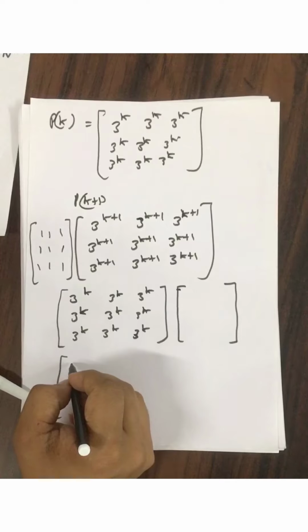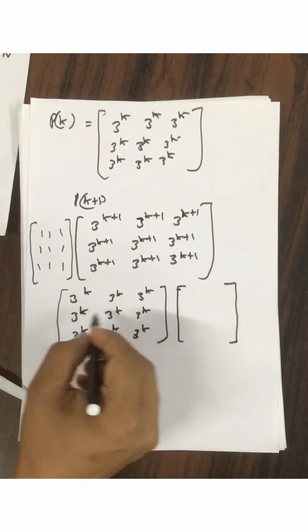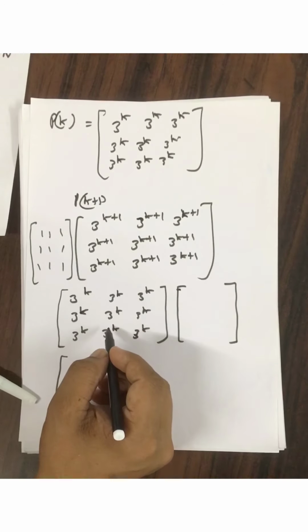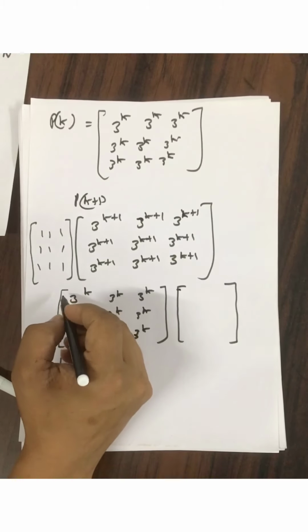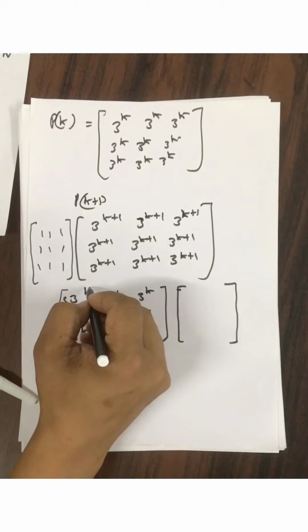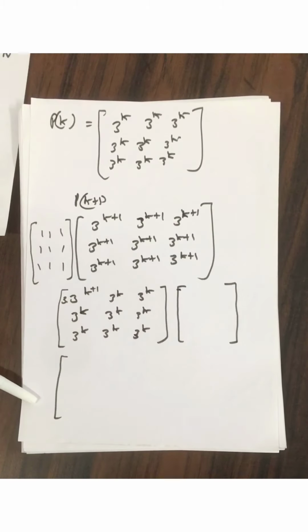Final form, that is. So this step, if you want to omit, you can omit also. Or you do one thing, you can take the 3 out. Can we do?